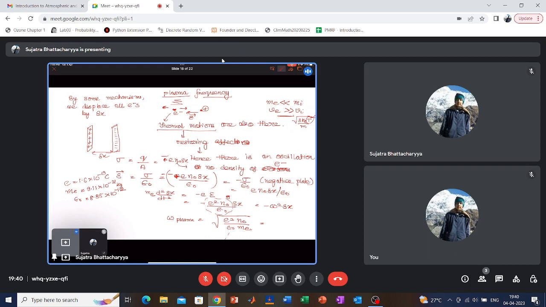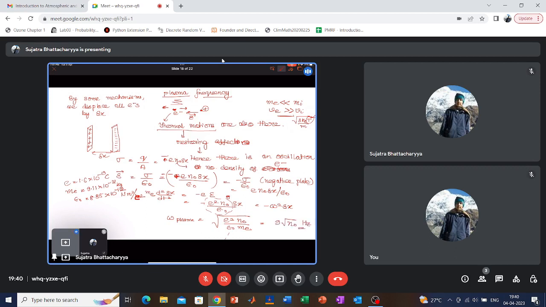And what is the unit? Newton meter square per coulomb square, right? You just put in those values, and ultimately what we get is 9 root N naught hertz.